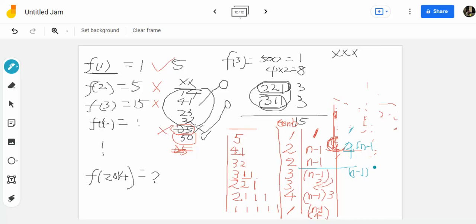It would be n minus 2 over 2, times 3. Consider the next one the same, we got 2, get rid of 2 here. So this is the answer, right?